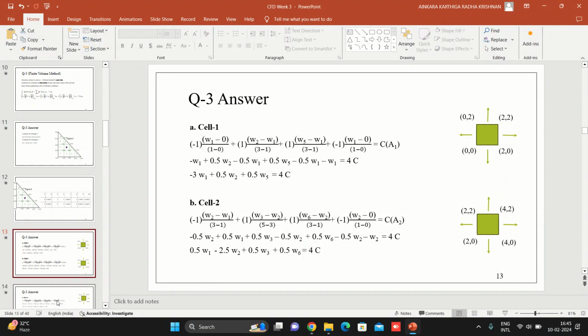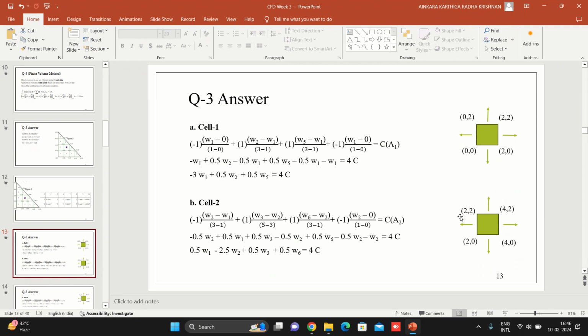Why are we going with w? Because the triangle is in the xy plane and the flow is in the z direction, or w. So we are using the direction cosine of that particular side, like -1 and 0 or something. For everything we have calculated, and for each cell we have done.